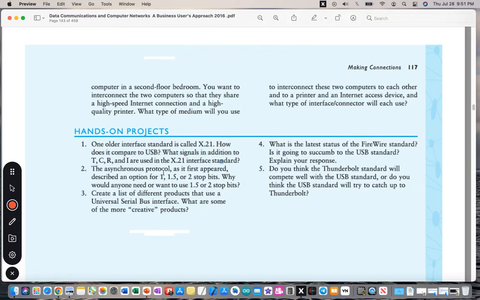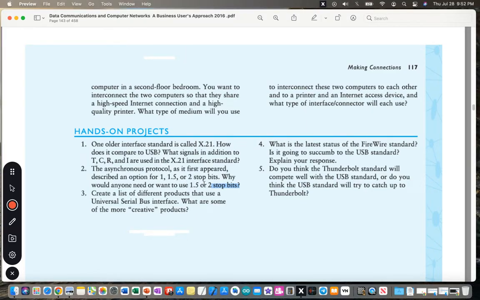The asynchronous protocol at first was described with an option of 1, 1.5, or 2 stop bits. Why would anyone need to use 1.5 or 2 stop bits? Yeah, because it has the start and the stop.